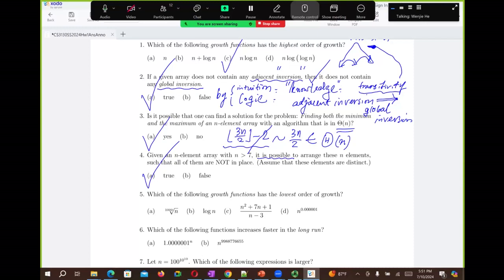So here, let me ask you a question. Can you find an array that satisfies the condition? You should have several elements, and make it so that no element is in place. So all elements are not in place.